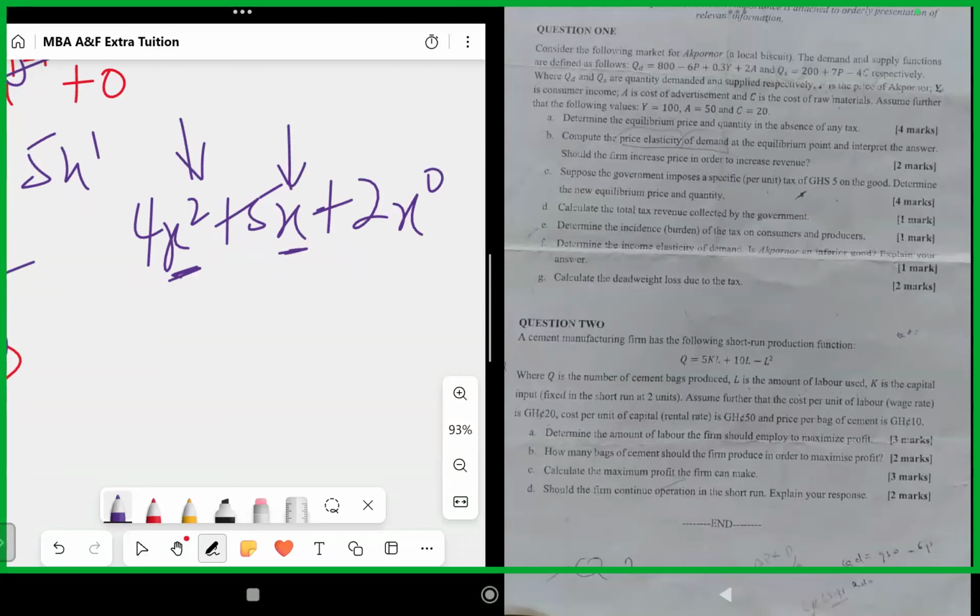So what is x exponent 0? It's the same as 2 times 1, which will give you 2.